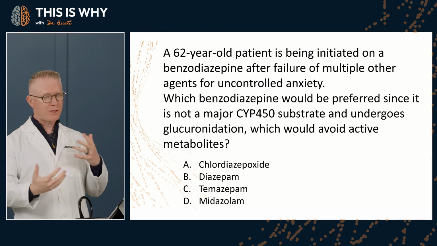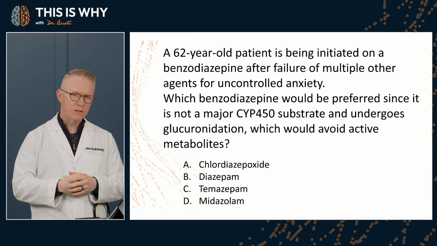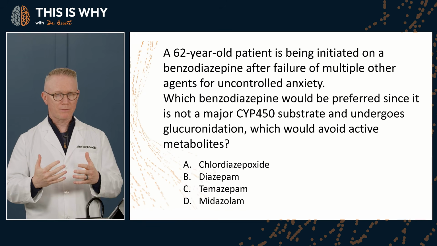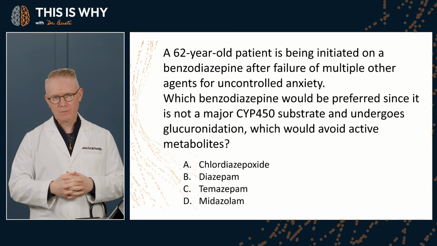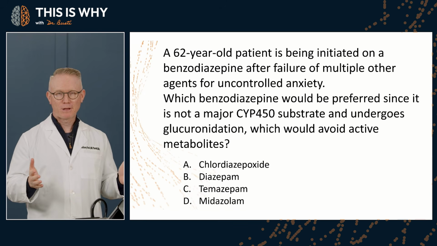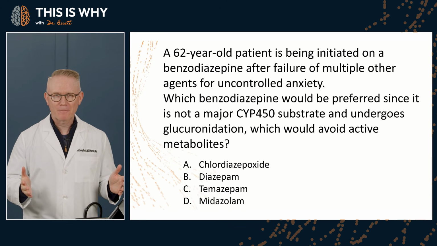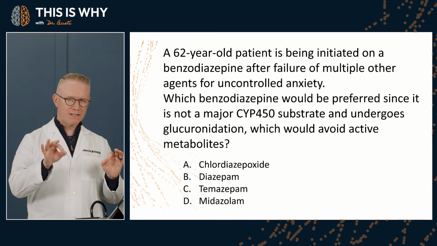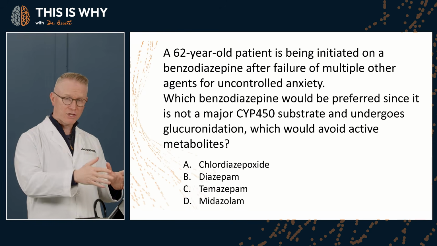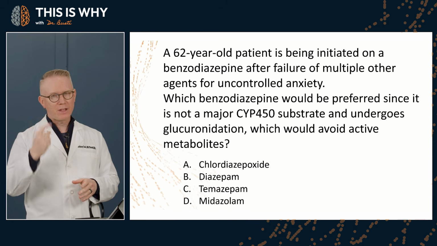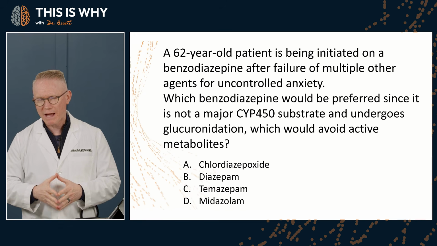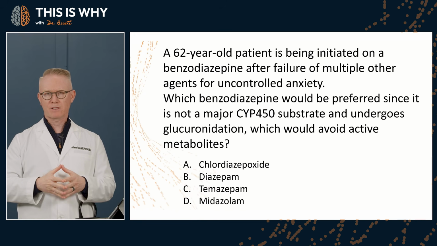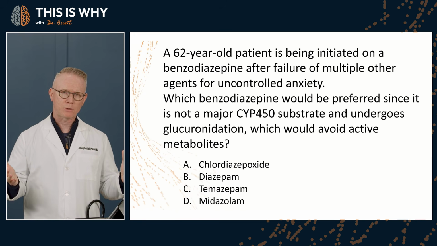So when we start thinking about test-taking approaches, the question becomes, how do you identify which benzodiazepine follows those metabolic pathways? Well, when metabolism is in focus in a question like this one, we need to think in terms of phase 1 versus phase 2 pathways of drug metabolism, predominantly in the liver, but other places too.